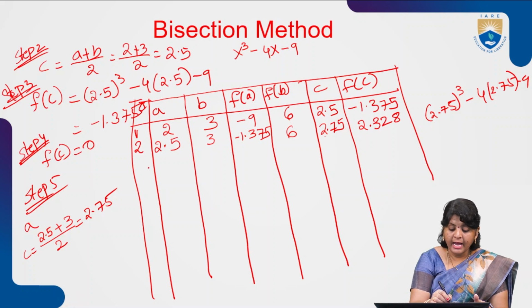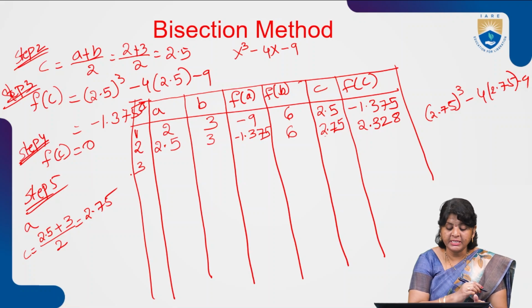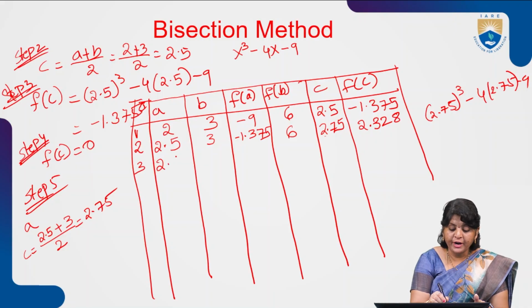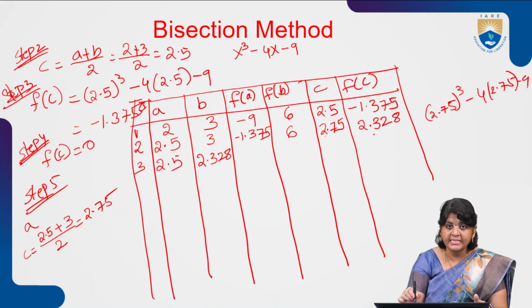So for the third iteration, the A value will be 2.5 only, but the B value will be changed to 2.328 since it is a positive value. And f of A will continue as it is, but f of B will become 2.328.